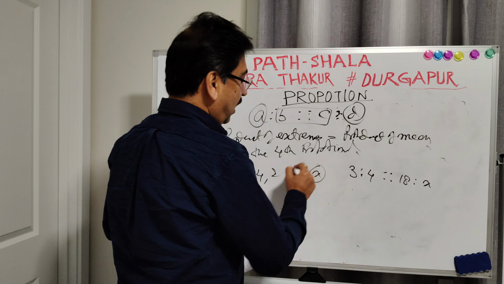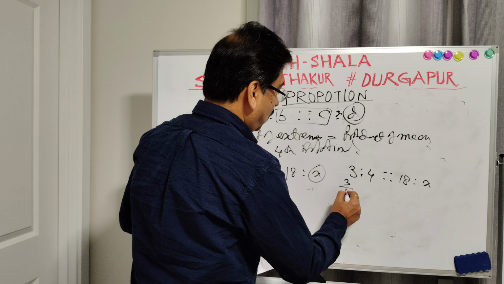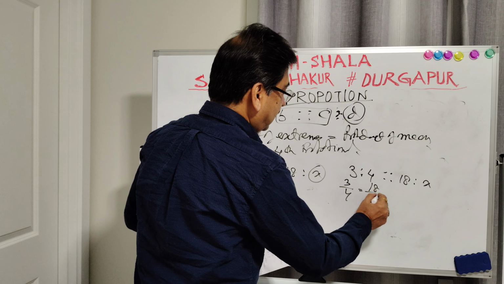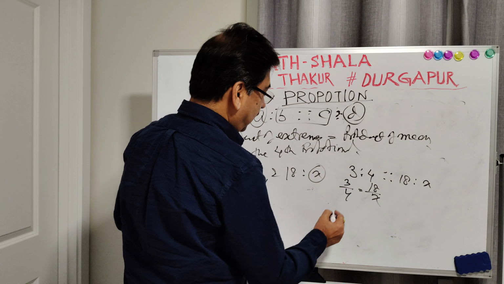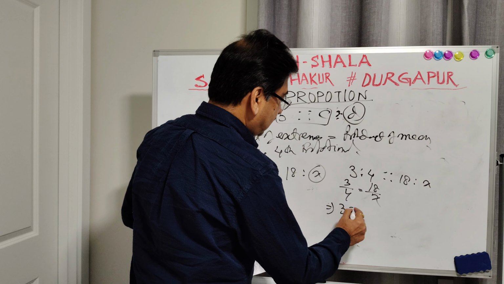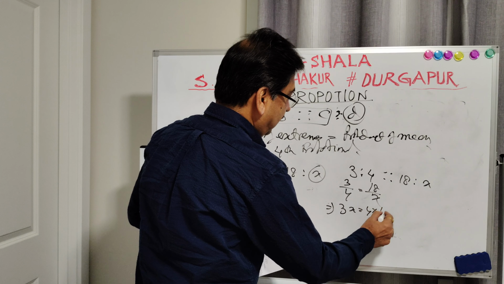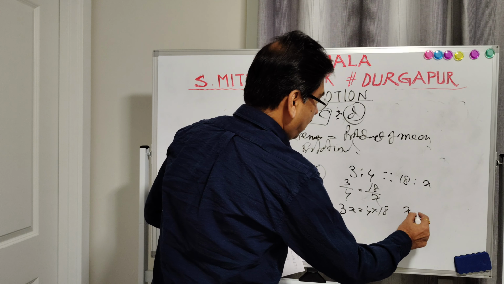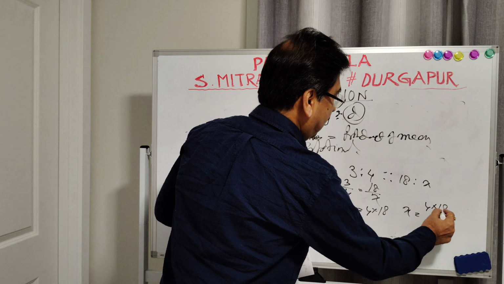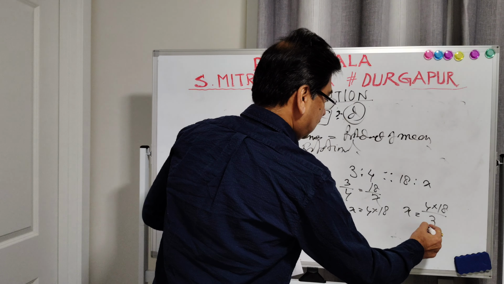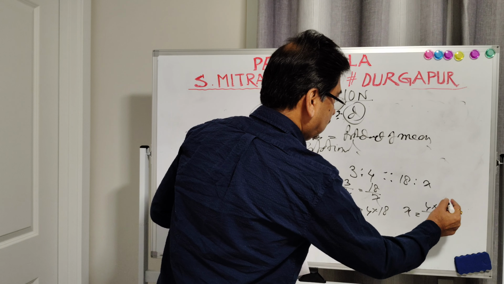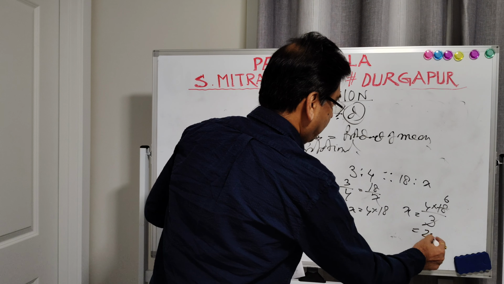This is what I have to calculate. That is 3 by 4 equal to 18 by x. Then I will do the cross multiplication. That is 3x is equal to 4 into 18. That is, x will be 4 into 18 by 3 equal to 24.